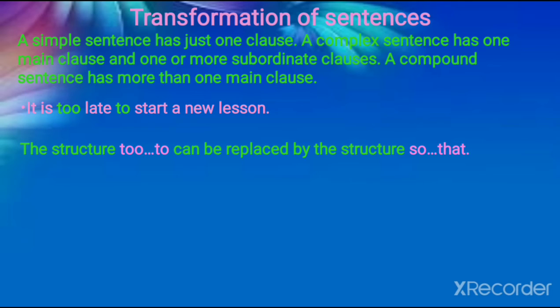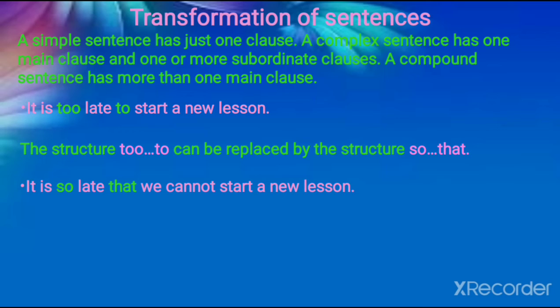How can we change the same sentence, that is, it is too late to start a new lesson, by using the structure so that? It is so late that we cannot start a new lesson. Here, as you can see, this sentence has two clauses.